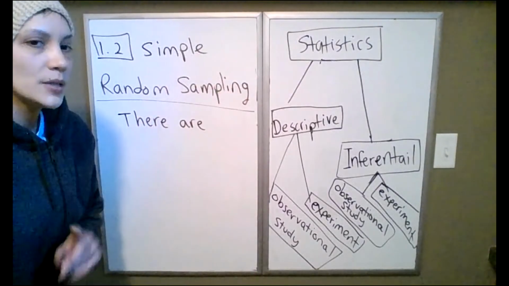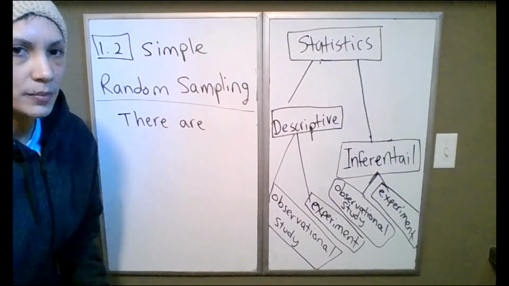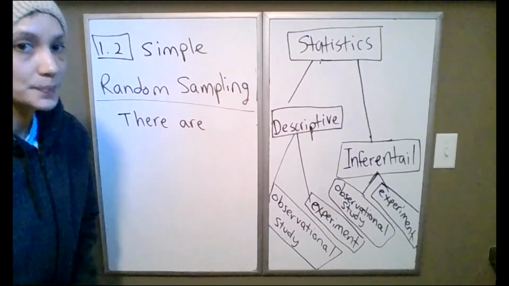There are 3 ways to obtain information from a group of individuals.